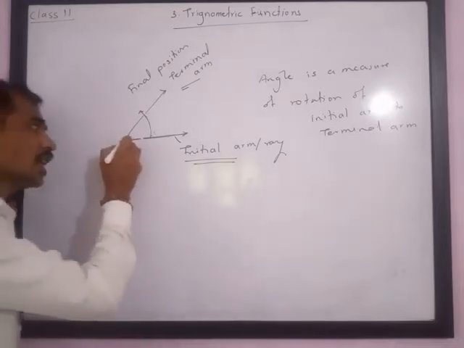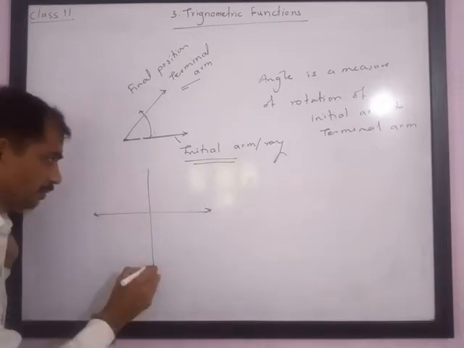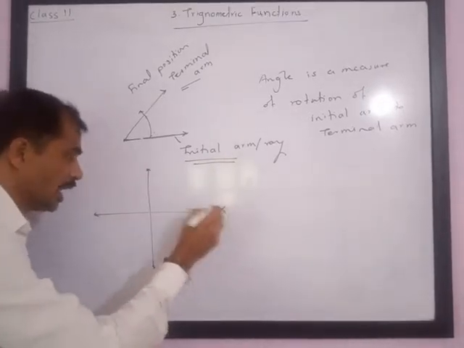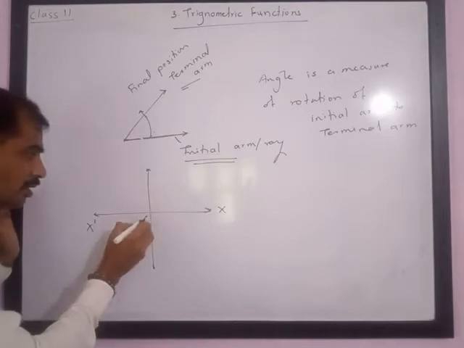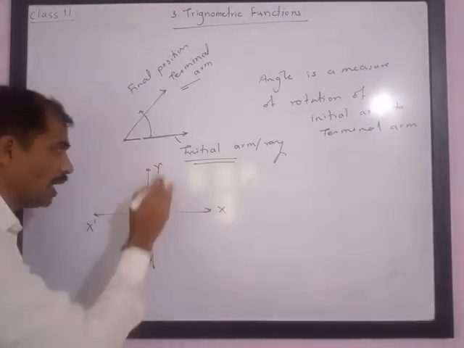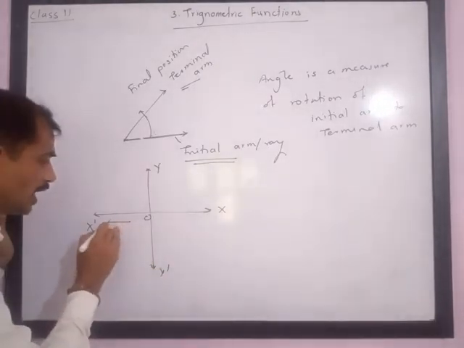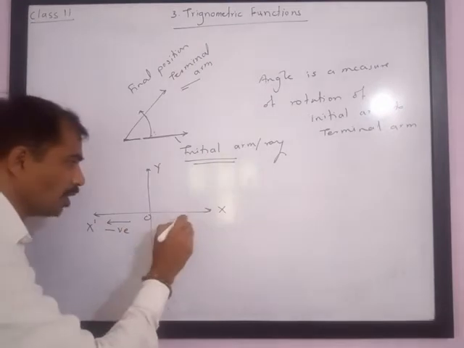We have also studied the coordinate axes. This is X'OX, where X is the x-axis, and Y' is the y-axis. Please note, this is the negative direction, this is the positive direction.